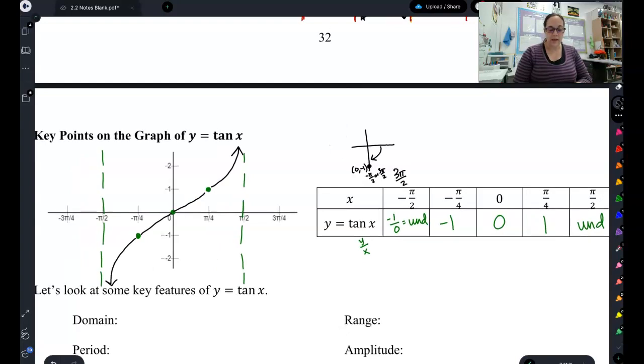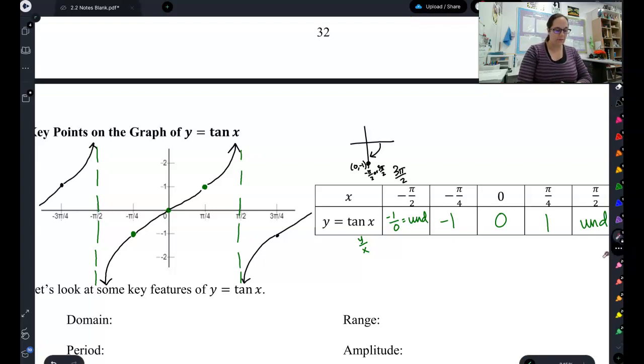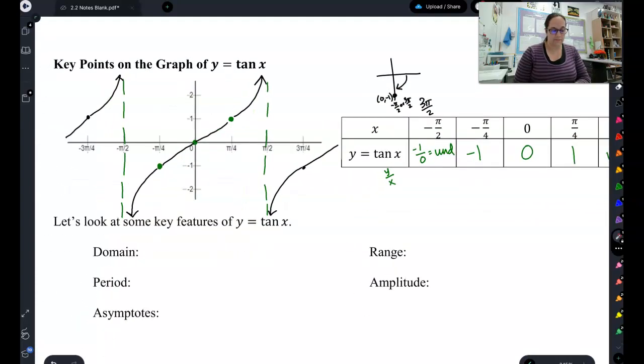And once again, it is also periodic, meaning that it's going to keep repeating itself over and over again. It almost looks like a cubic graph that gets repeated over and over again. So this is our tangent graph.